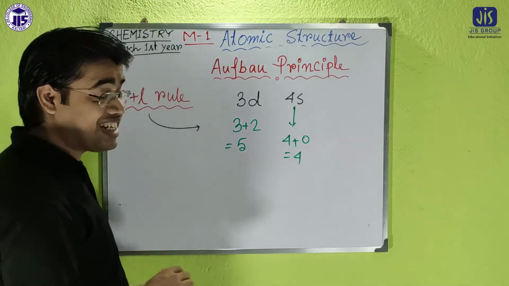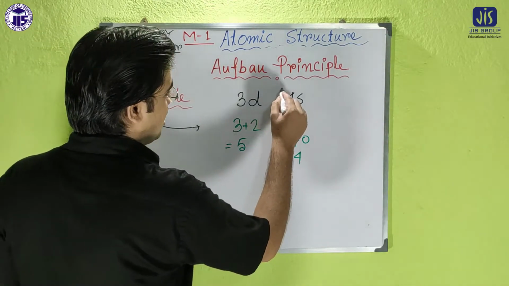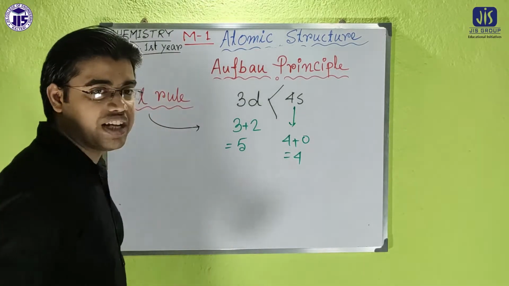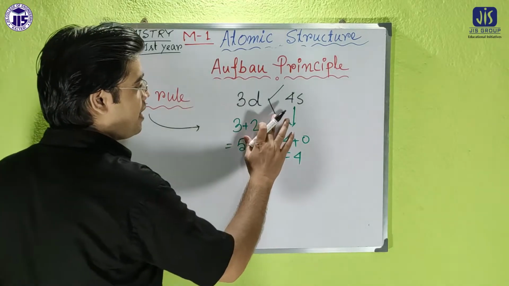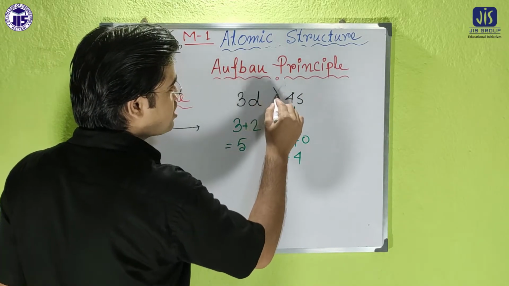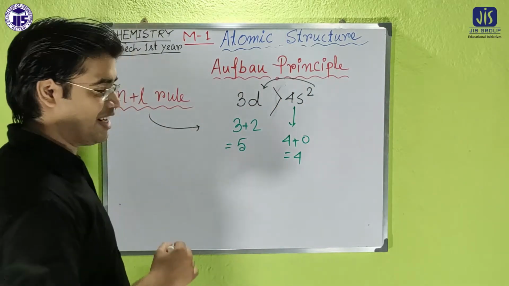So what is the expected? It looks like the order will be that 4s will have the higher energy than 3d, but actually what happened is that 4s will be filled up first, then electron comes here.